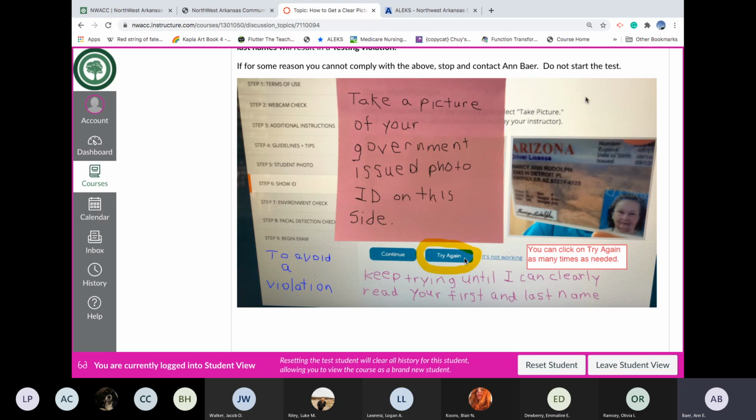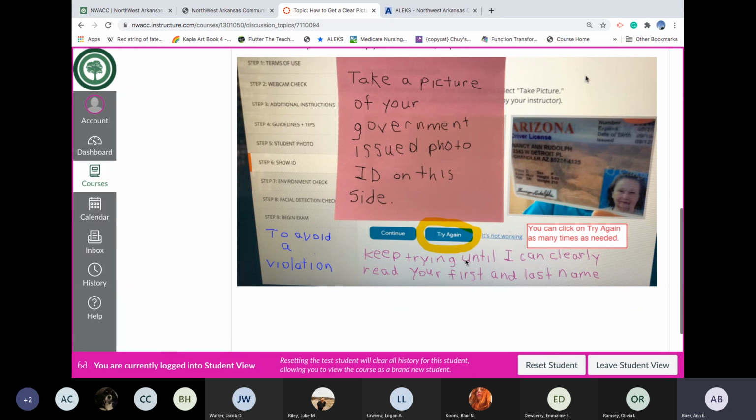I literally took a picture 7 times, and I did not reach their endpoint in terms of how many times I could take a picture. So you can click on try again as many times as needed to get a clear picture, so keep trying until I can clearly read your first and last name.